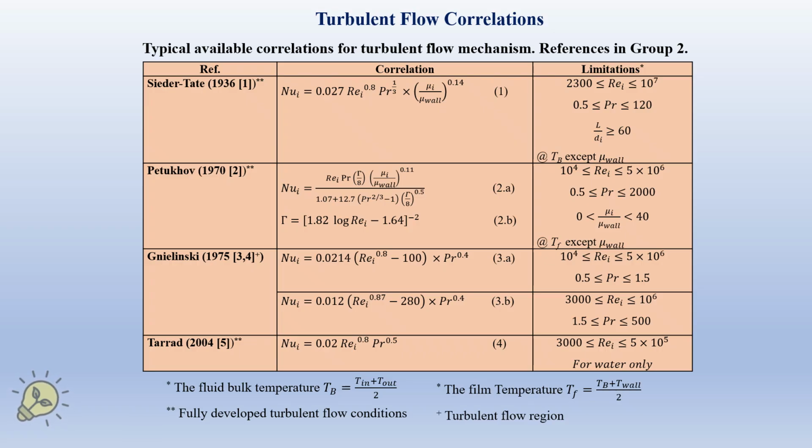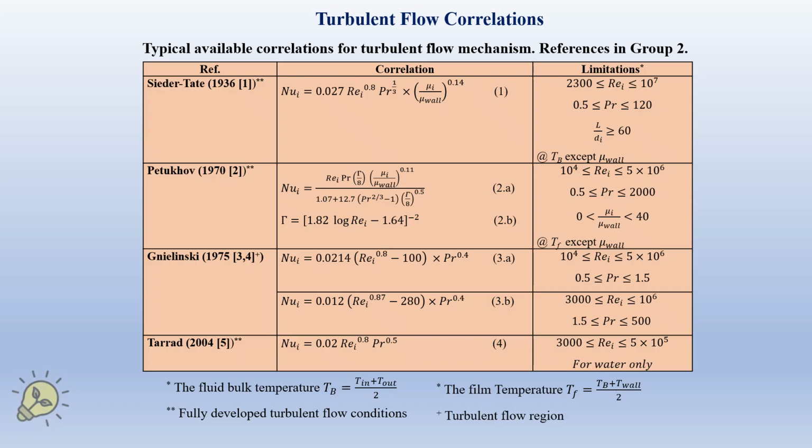For example, for Cedar Tat correlation in 1936, it is applied for Reynolds number greater or equal to 2300 or less or equal to 10 to power 7. And the Prandtl number should be greater or equal to 0.5 within the range to equal or less than 120.